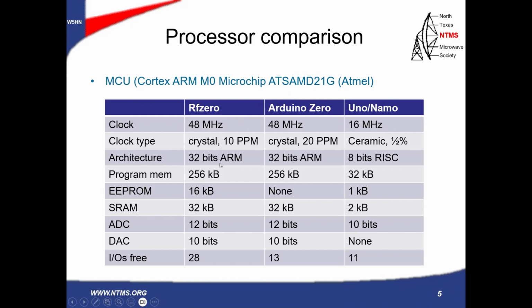The architecture is 32 bits, same as the Arduino Zero. Program memory, 256 kilobytes, same as the Arduino. EEPROM, 16 kilobytes. You won't have it with the Arduino Zero. SRAM is 32 kilobytes. ADC is 12 bits. DAC is 10 bits. And the I/O ports free are 28. So this is a big boost for us, potentially.